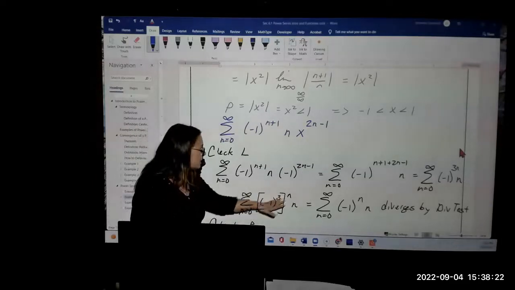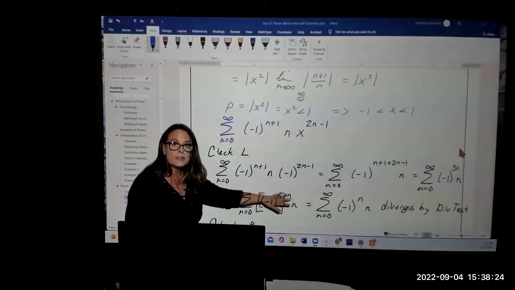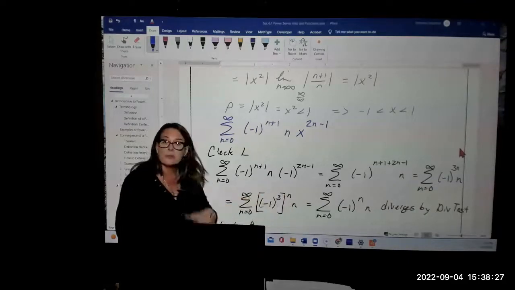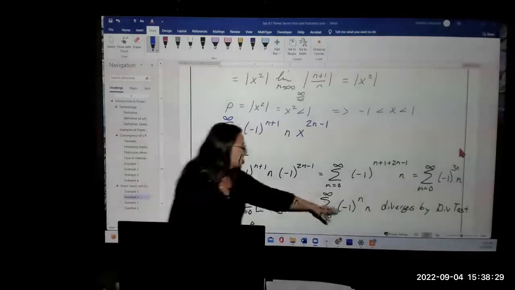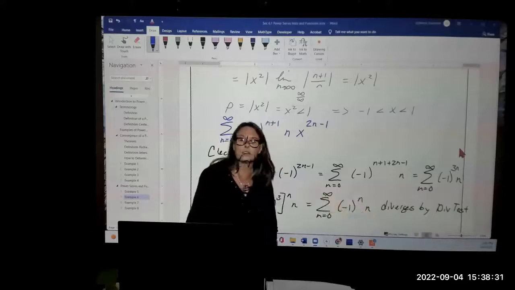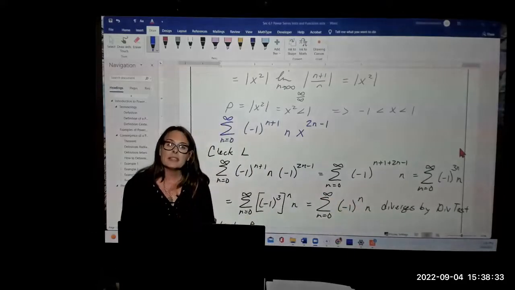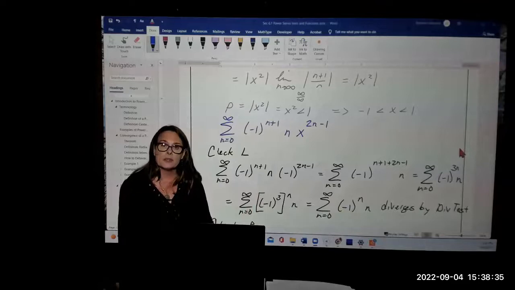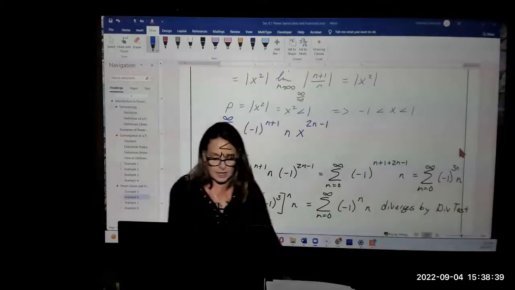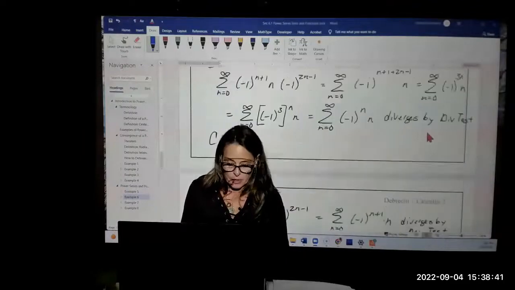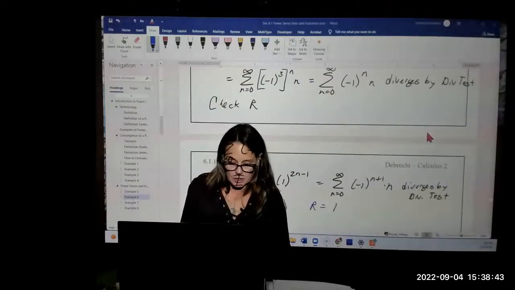Now you can split that up as -1 cubed to the n, and -1 cubed is -1. So you get -1 to the n times the factor n, but the limit of that sequence does not go to 0 as n goes to infinity, so it diverges by the divergence test. The right endpoint is actually a little bit easier to check.